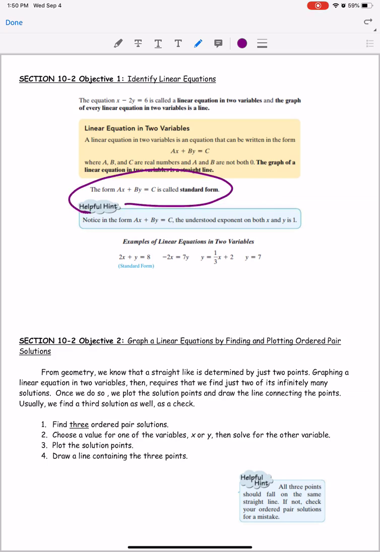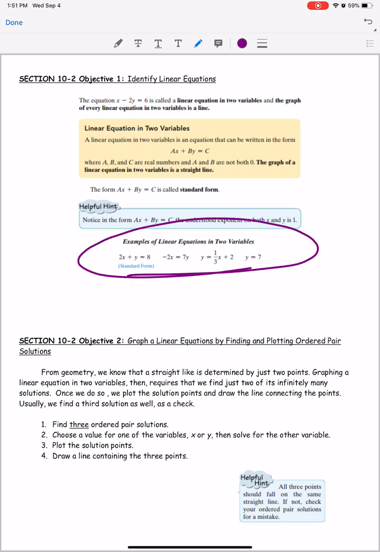It tells you here that this is considered standard form, but notice that in the form, the understood exponent on both x and y is 1. So if you don't see an exponent, that's known to be ax to the first, by to the first. So you have some example here of linear equation in two variables.